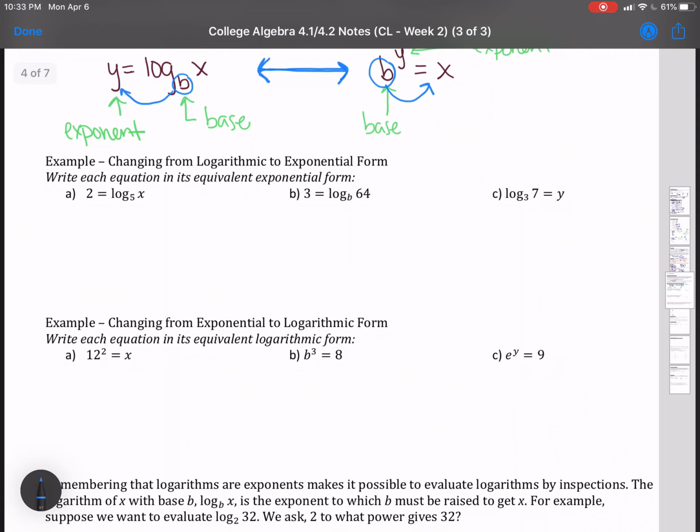First, we want to write each equation in its equivalent exponential form, so we ask what the base is. We have 2 equals log base 5 of x, and that's going to loop and swoop to the other side. So we have 5 to the second power equals x. That's your answer. You don't need to simplify unless it says to, and in your homework it's going to say leave it unsimplified.